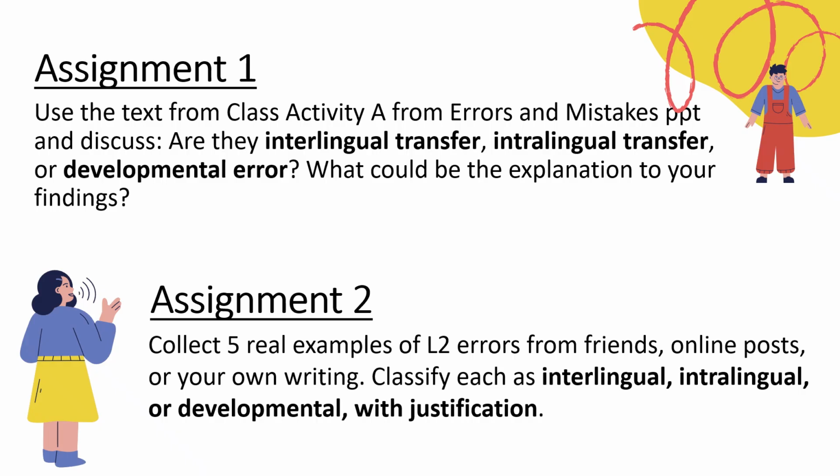You look at the text and you have to find if there is interlingual transfer or developmental error in the text. Okay, and what are your explanations for your findings? You just have to say and justify why you think they are interlingual transfer errors or developmental errors.